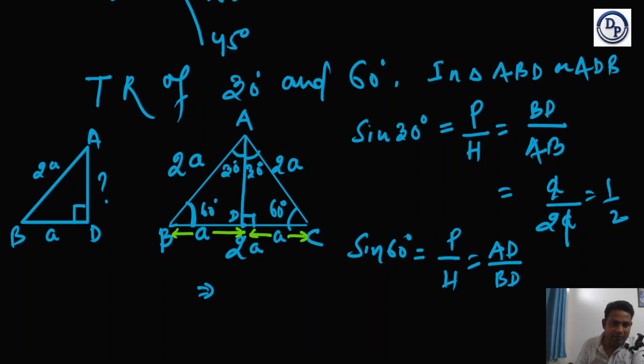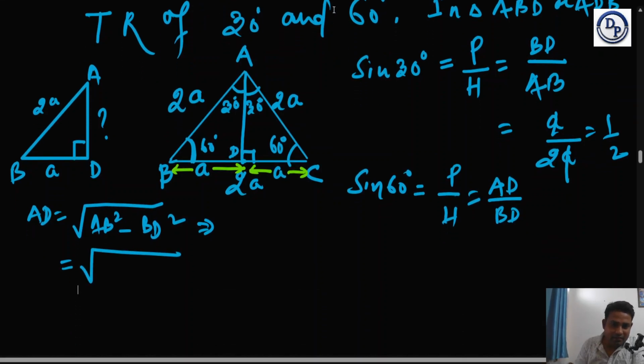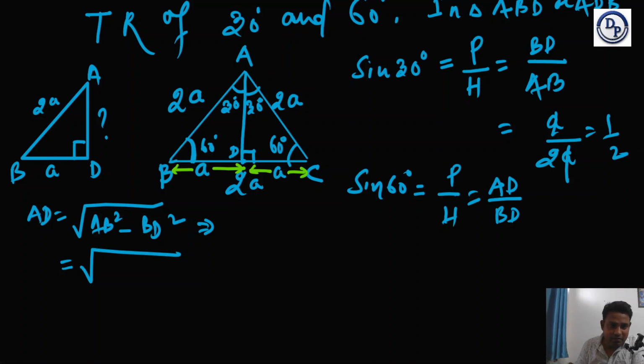A, D and B. So using the Pythagoras theorem, we easily find that AD is AB square minus BD square. So what do we get? AB is given as 2A, square means 4A square, and BD is A square.